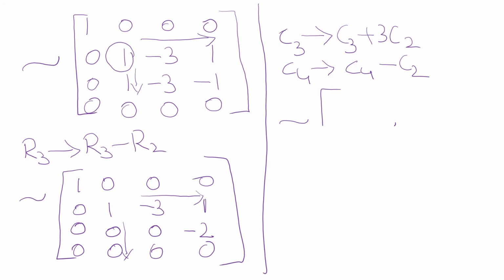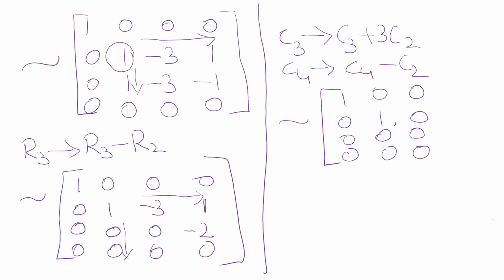The equivalent matrix is 1, 0, 0, 0, 0, 1, 0, 0. Then 0 plus 3 into 0 is 0. Minus 3 plus 3 into 1 is minus 3 plus 3, which is 0. 0 plus 3 into 0 is 0. 0 plus 3 into 0 is 0.